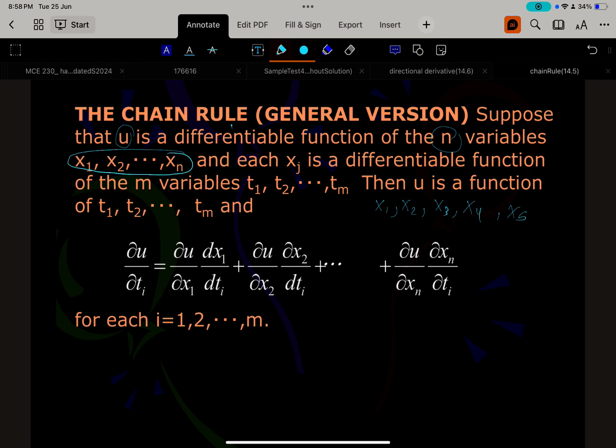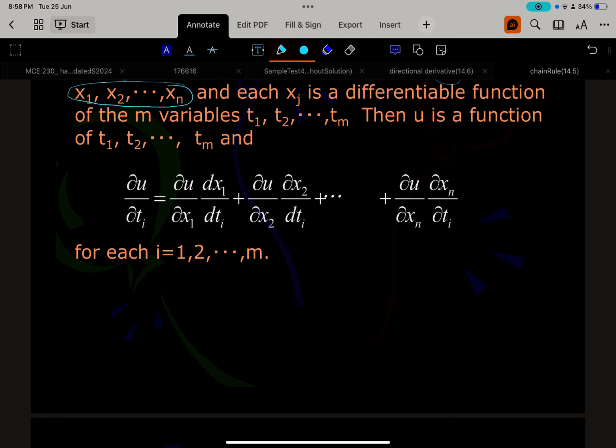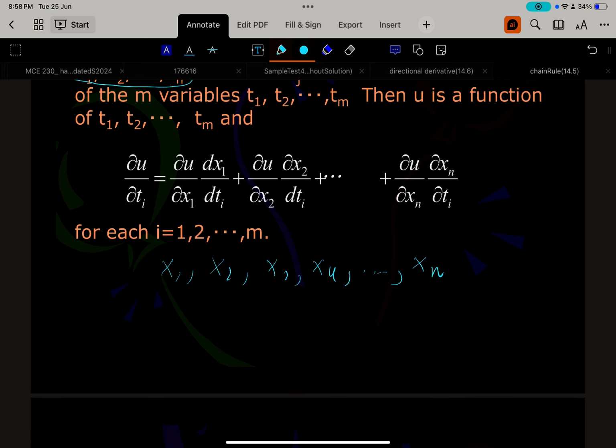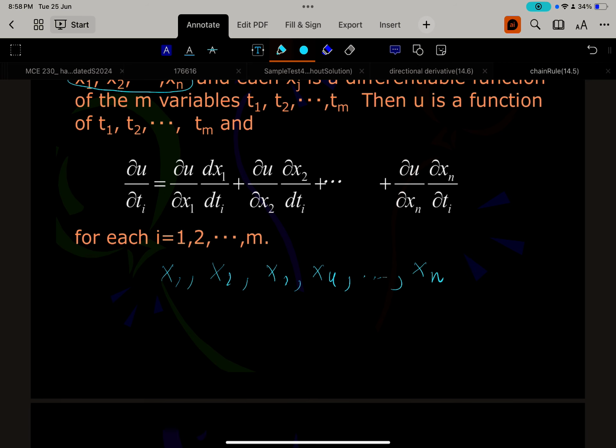And each x is a differentiable function of m variables. I will show you what I mean. This is very important. x1, x2, x3, x4, and then it goes up to xn. n is the number of variables. Now each of these has m variables branching from them, and the variables are called t's.